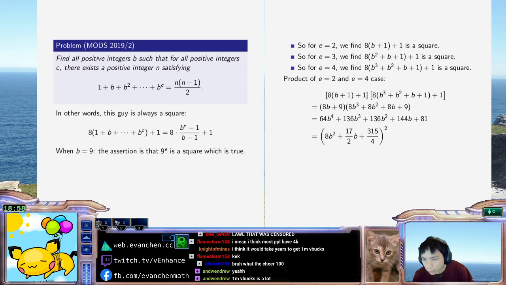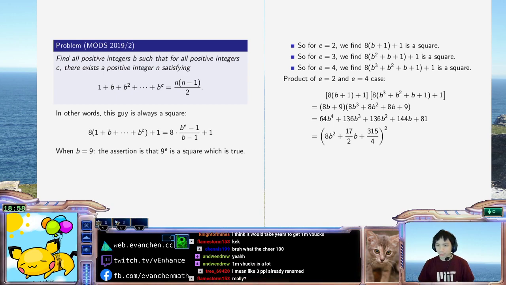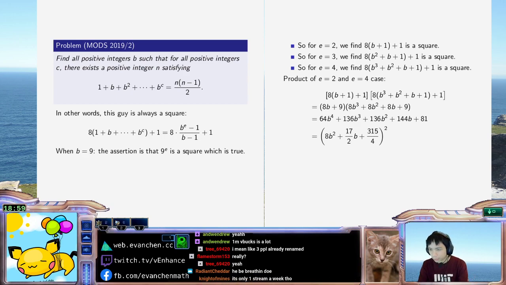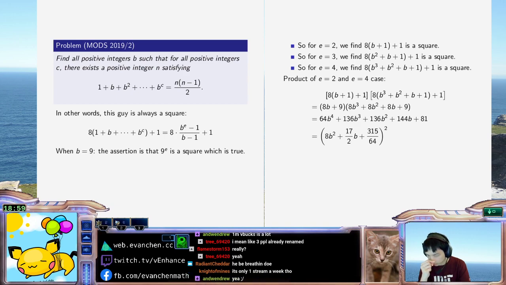Okay, so b squared is... So I need, what's 136 minus 289 over 4? It's 315 over 4 and then divided by 16. So 315 over 64, I think, is correct. Yeah, I believe so. Okay, and then what's left over for the b?